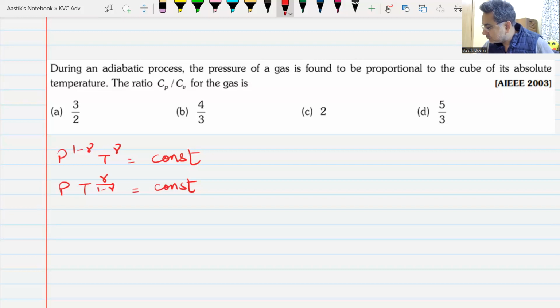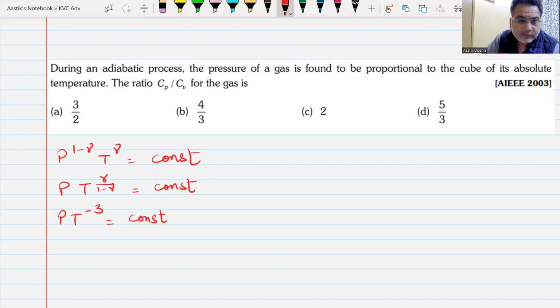P is inversely proportional to 1 by T to the power of gamma. Anyways, from here, the equation that is given is minus 3 is equal to constant, right? P is proportional to T cube. Sir, it is cube, no, sir.